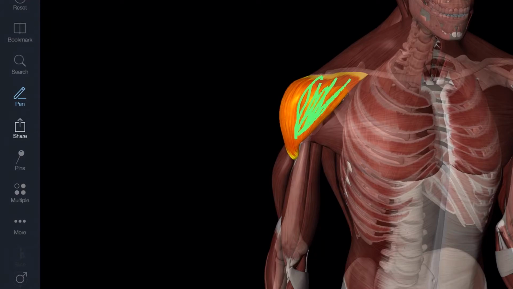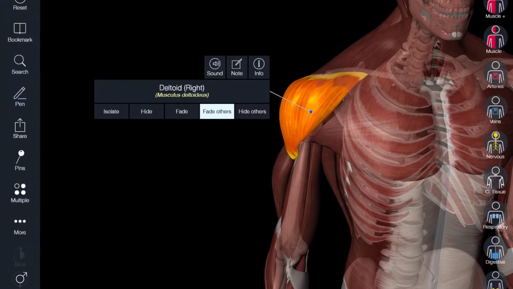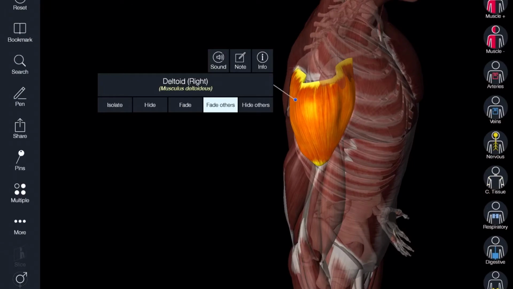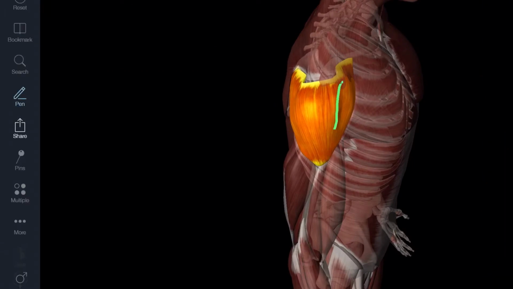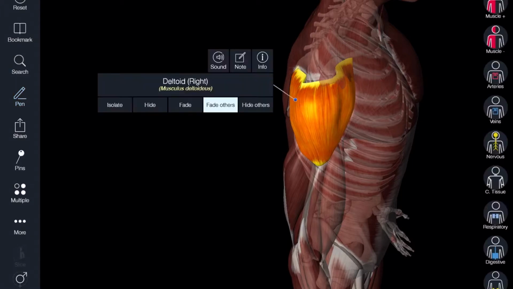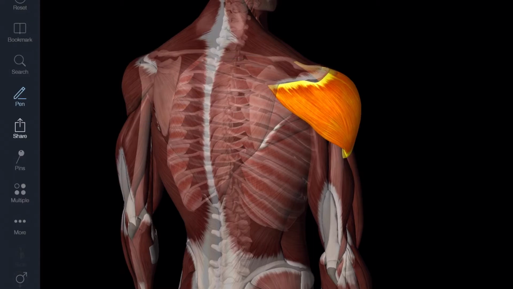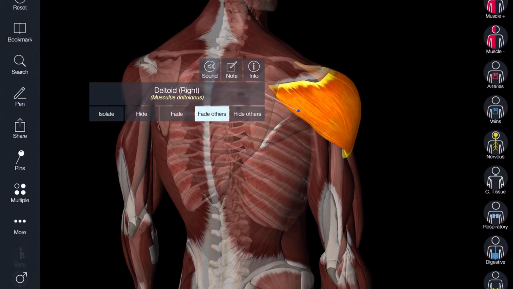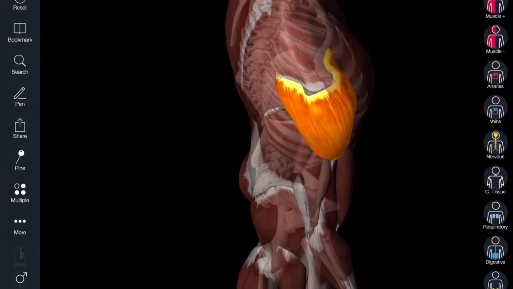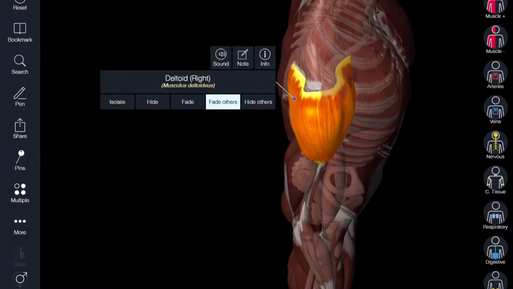Those are the anterior fibers. It has middle fibers, which are here, and then it has posterior fibers here. Those are the posterior fibers of deltoid. You can see the way it attaches: it kind of wraps around the shoulder girdle. Let's look at its attachments.